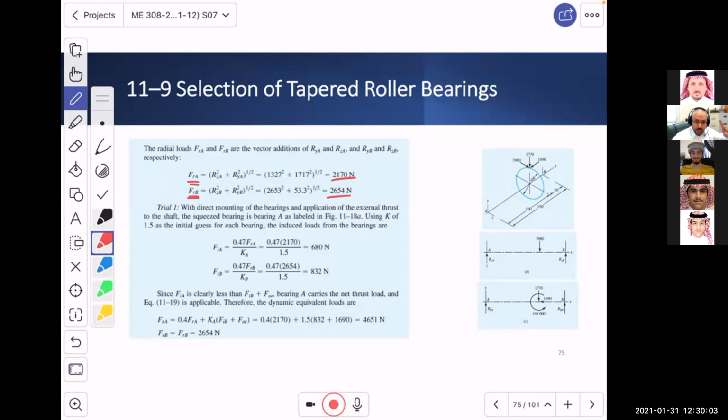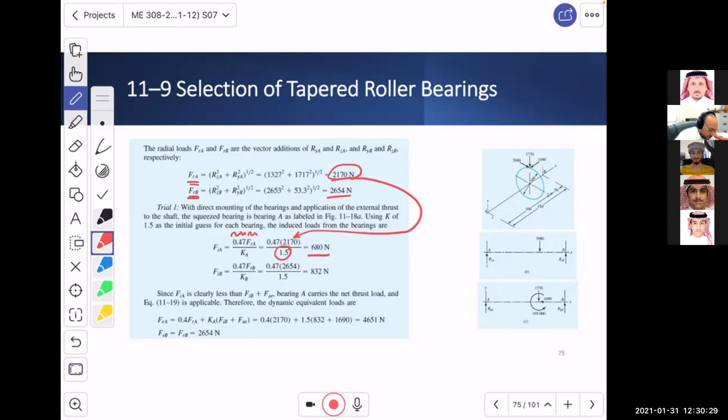So for the first one, we have 0.4 multiplied by F R A, which is this one, and then divided by 1.5. What is 1.5? The first approximation for the geometry factor K. What do we get? 680.